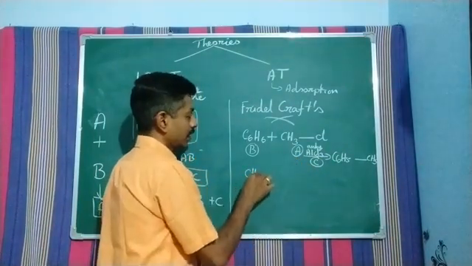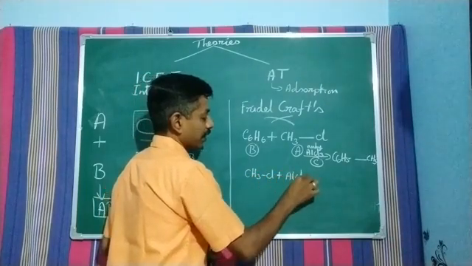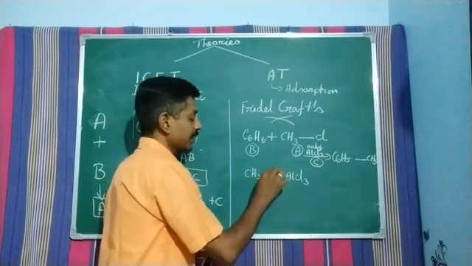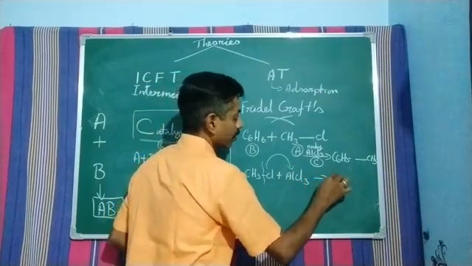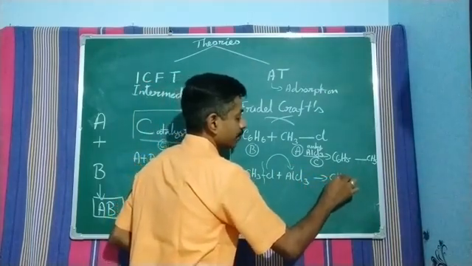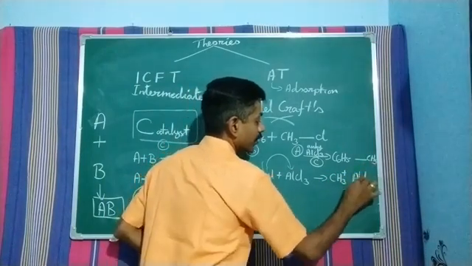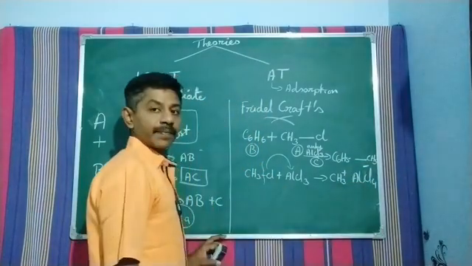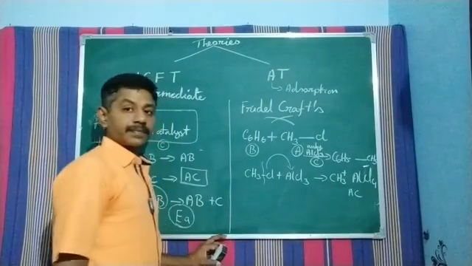So CH3Cl plus aluminum chloride, AlCl3. These two will react to form an intermediate. The bond breaks and chlorine gets connected with aluminum chloride, giving CH3+ and AlCl4-. This is called AC, that is the intermediate.